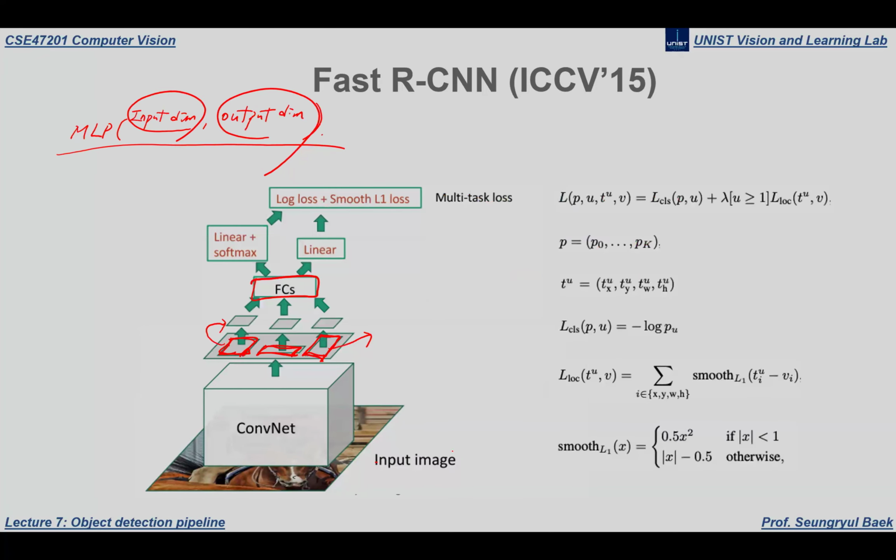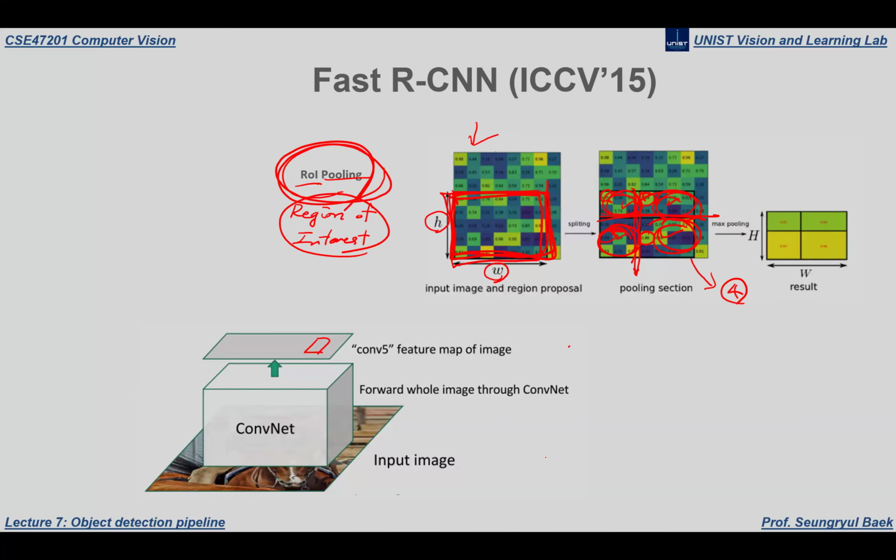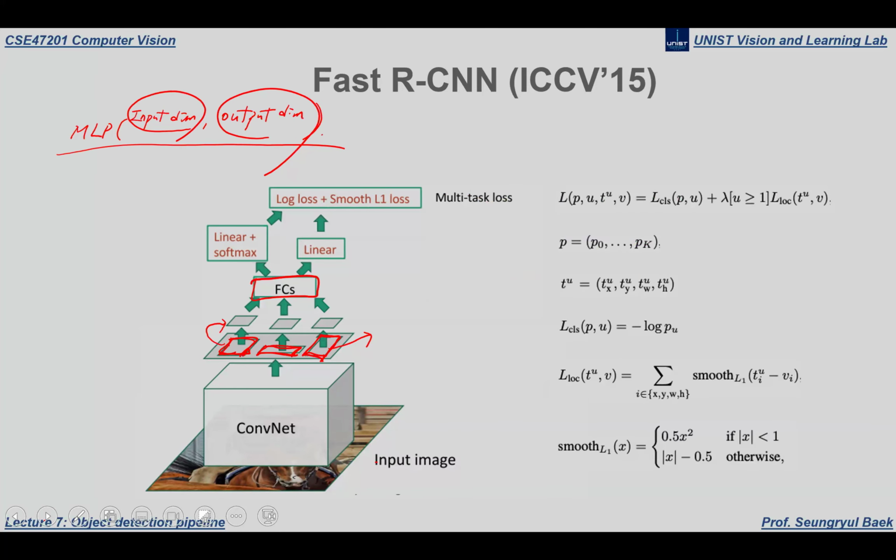So using this ROI pooling, we can secure a fixed feature dimension, always having the fixed dimension. And then we can map them into the class probability and also the refined bounding box information.